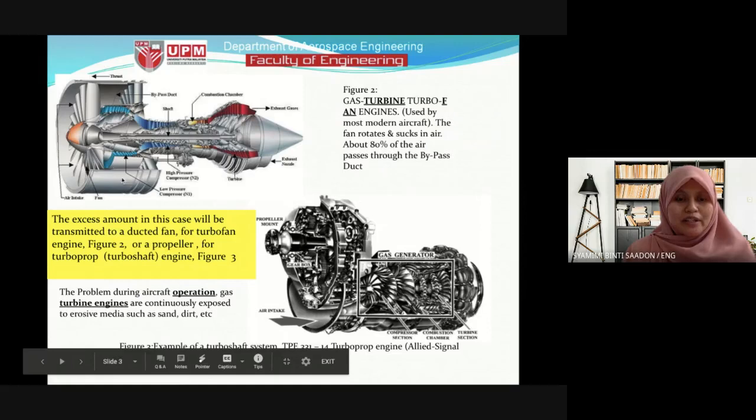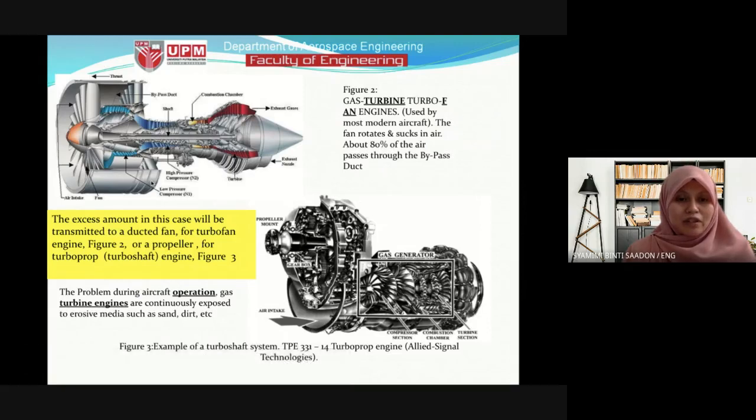The main difference of a turbofan engine is that we have an extra bypass duct, where the extra air from the air intake will go, separate from the gas generator, the core engine. So we actually have two flows in a turbofan engine. That makes it different from a turbojet or the basic gas turbine engine just now.